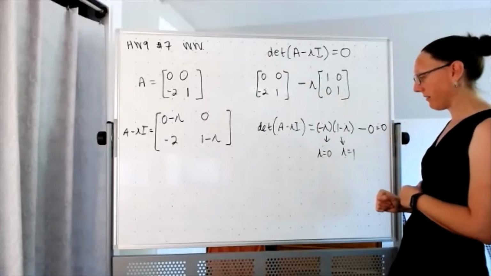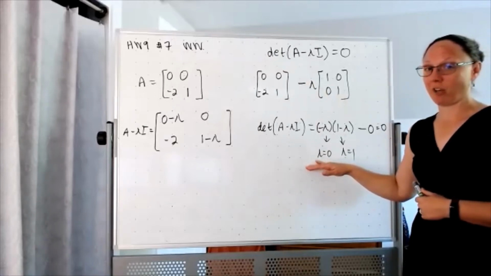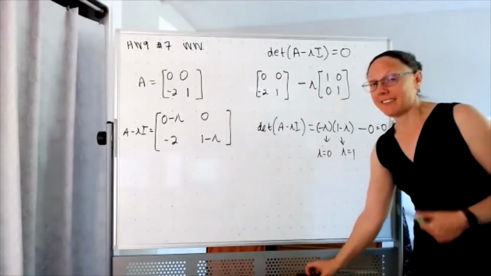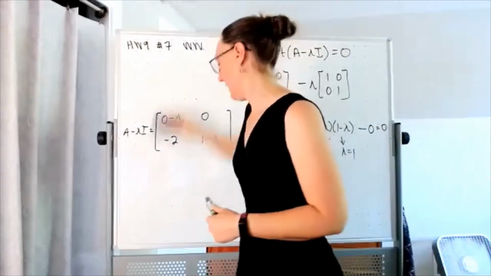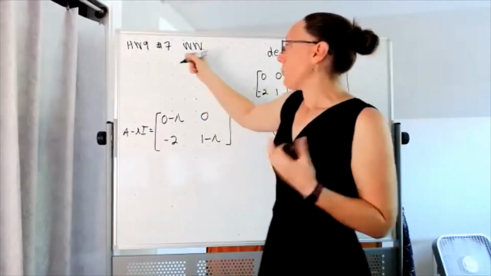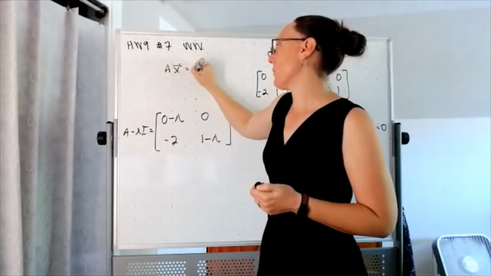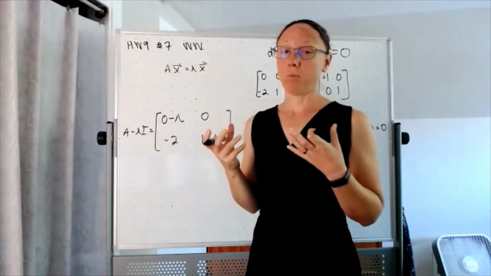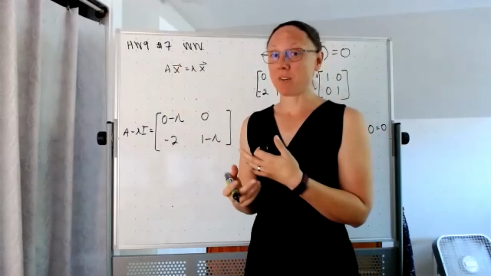So my next step here is, one at a time, I'm going to choose an eigenvalue and find the associated eigenvector. Finding the associated eigenvector, at its heart, means we're trying to solve this equation AX equals lambda X. And we could do that directly, but that's not the way that it was presented in class.